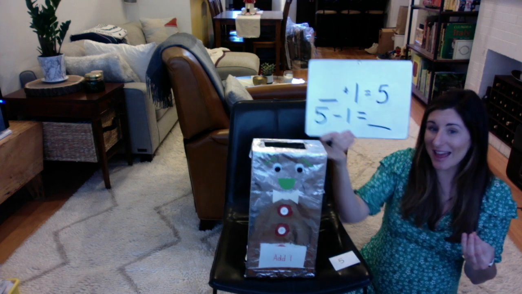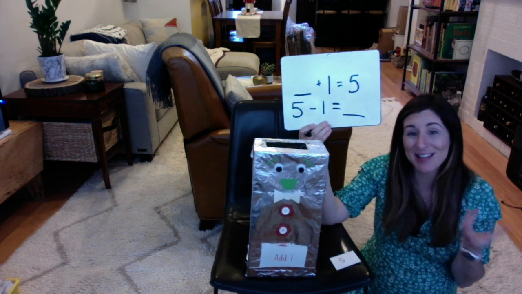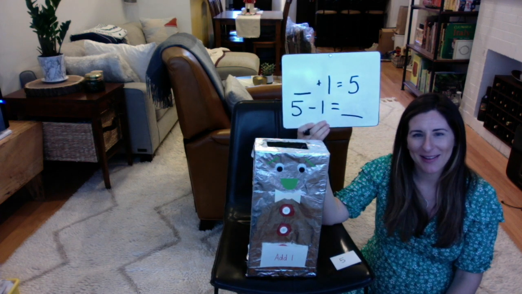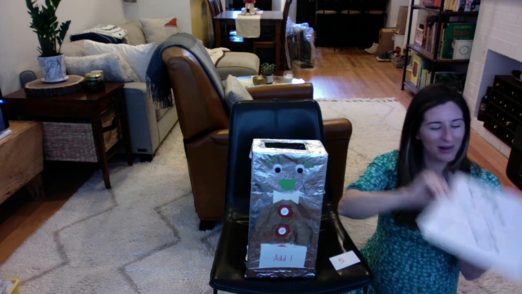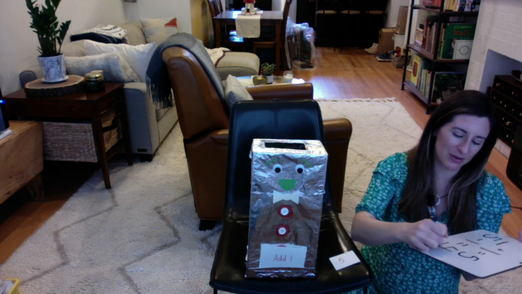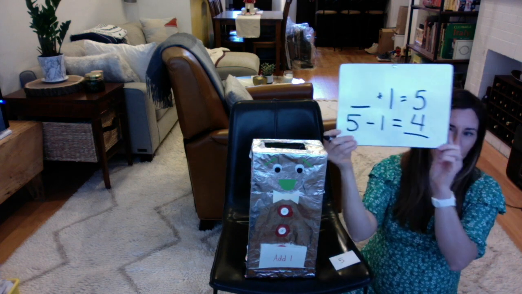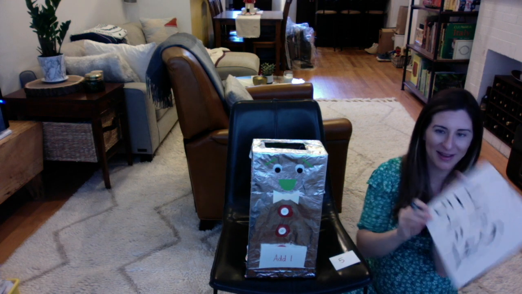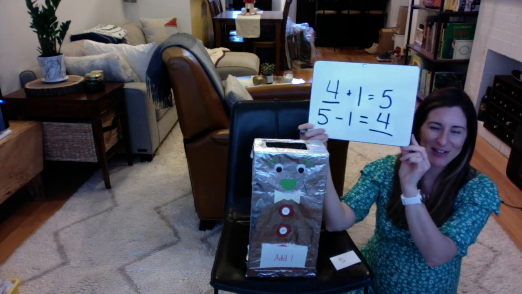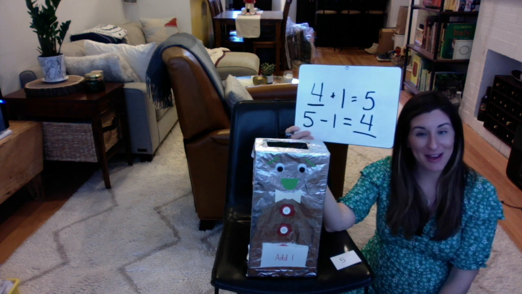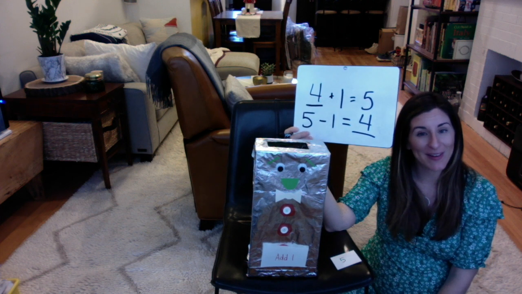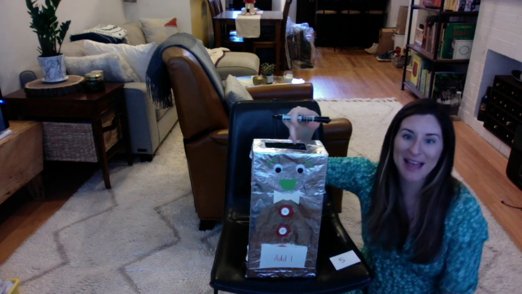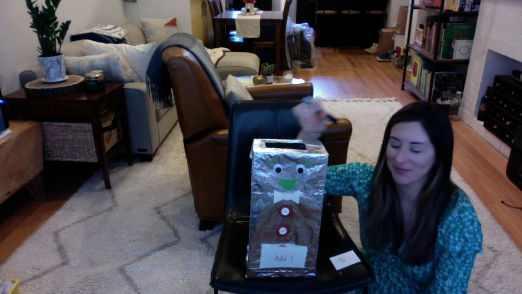These would be like 2 number sentences that go with each other, right? What is 5 minus 1? Oh, it's 4. Let's see if that works here too. 4 plus 1 equals 5. Does that work? Sure does. So the 3 numbers in that fact family would be 4 and 1 and 5. We just figured out that the number that went in Robbie's head was a 4.